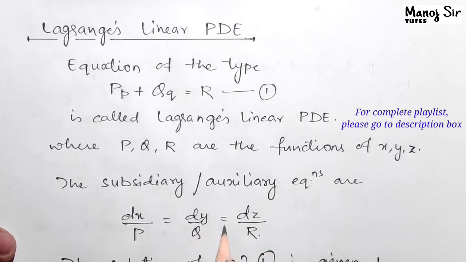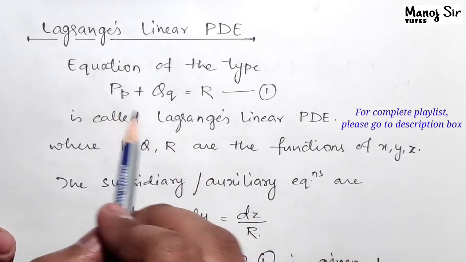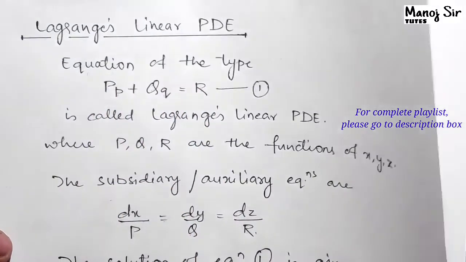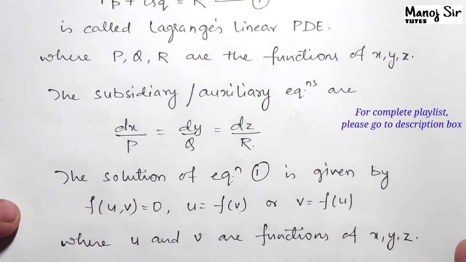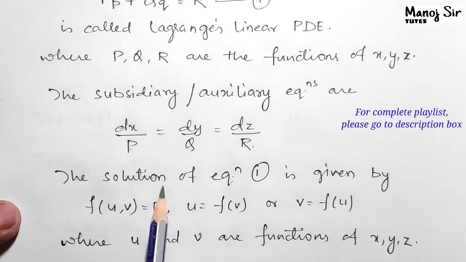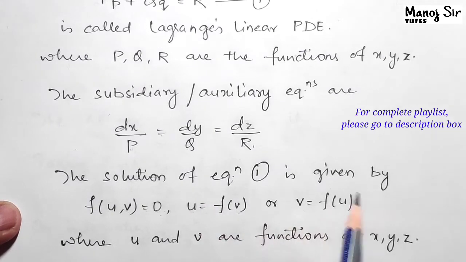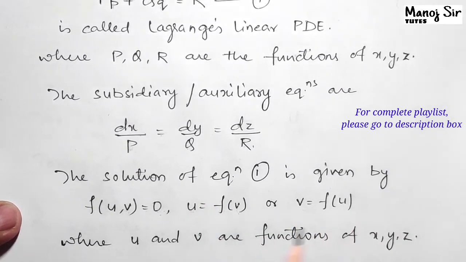After finding the value of u and v, remember one thing, that u and v both are functions of x, y and z. Then we can write the required solution for this equation, that is, after finding u and v, we can write the solution for equation 1, that is f of u comma v equals 0, or you can use this format also, that is u equals f of v, or you can use this format also, that is v equals f of u, where u and v both are functions of x, y and z.